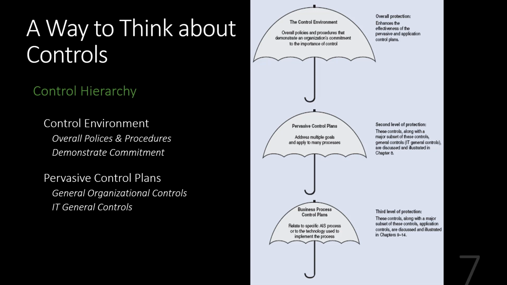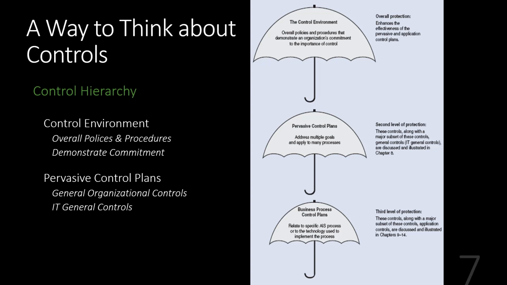Then we get down to what we call pervasive control plans. So here you can see the diagram with the umbrellas. That's the middle umbrella that covers the organization as well, and it focuses on processes all over the organization. So these are things that are consistent throughout the organization as well.